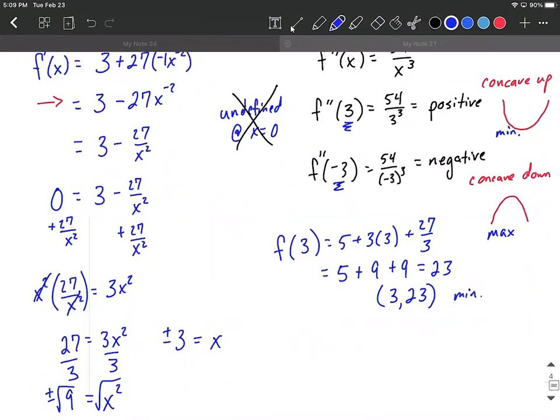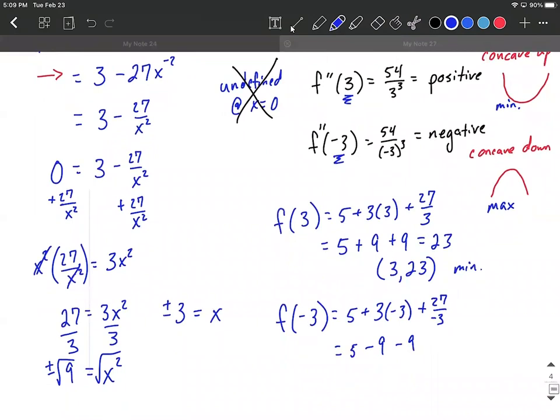Whereas when we plug -3 into the original function, we have 5 plus 3 times -3 plus 27 over -3, which simplifies to 5 minus 9 more, which is going to be -13.